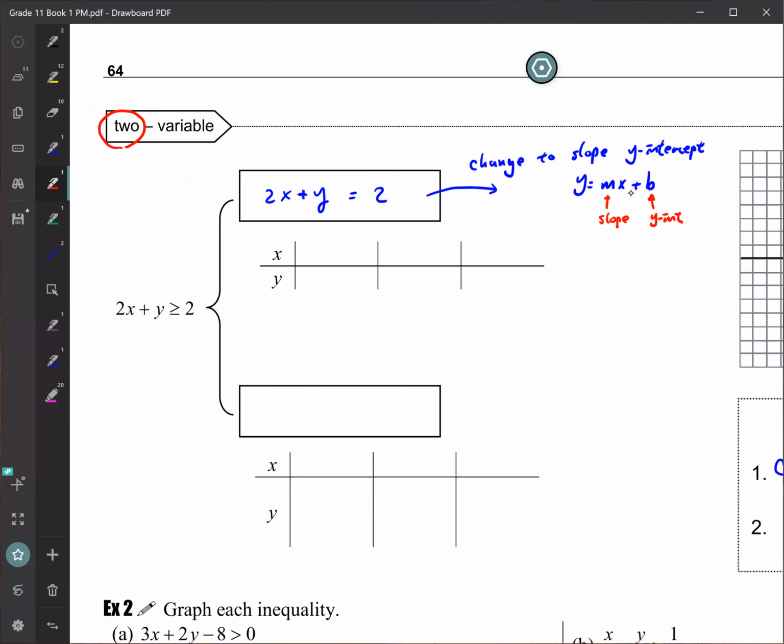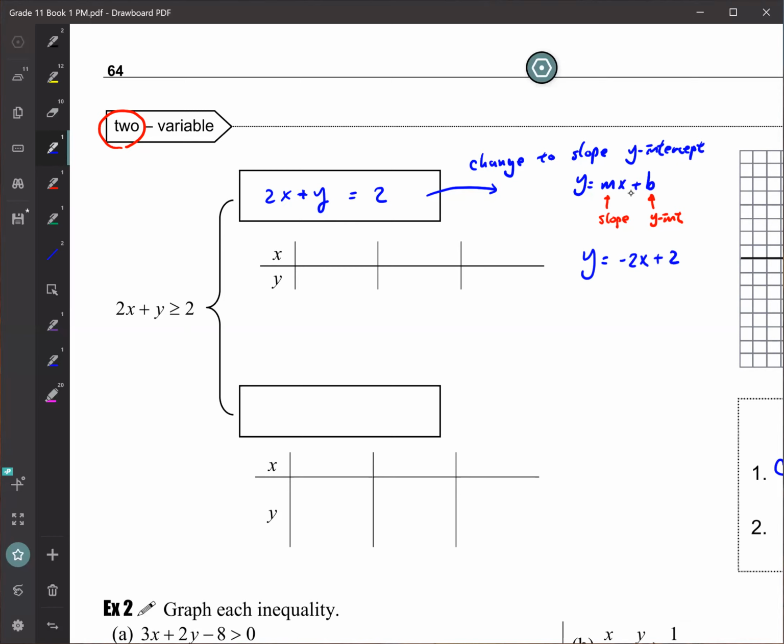So if I change 2x plus y equal to 2 to slope y-intercept form, we need to isolate y. If we isolate y, we move the 2x to the right, it'll be negative 2x plus 2.